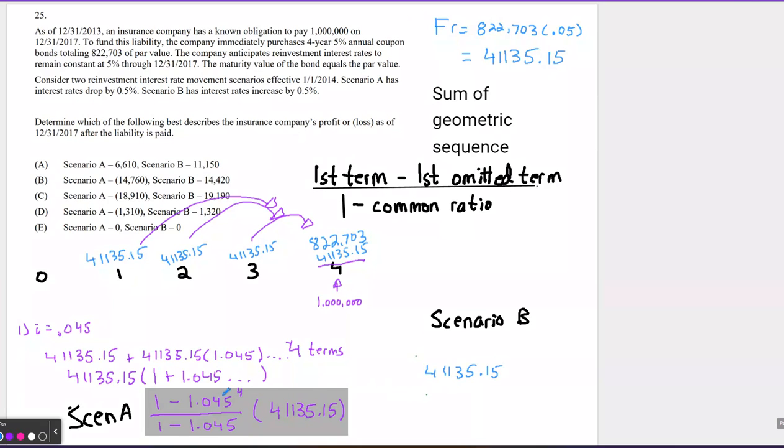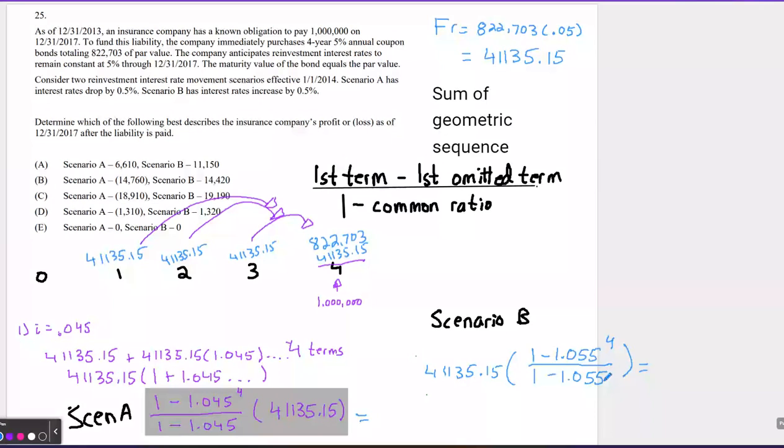Just use a little bit of logic. It's going to be similar to the formula we had before, but now it's going to be 1 minus 1.055, because the interest rate is 5.5%. So you save yourself some time, or use a little shortcut here. Okay, so we get that. Let's calculate that on the calculator now. So this one right here and this one right here.